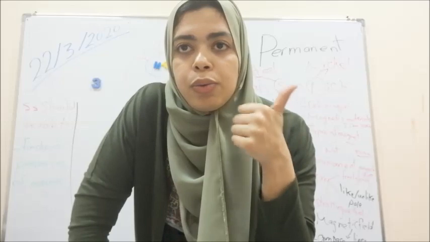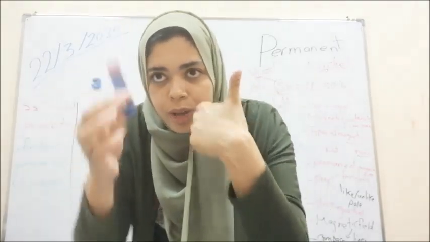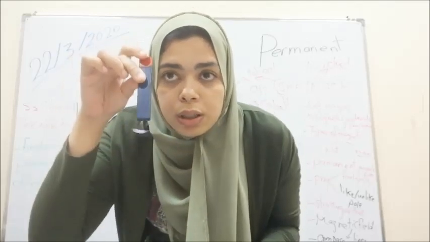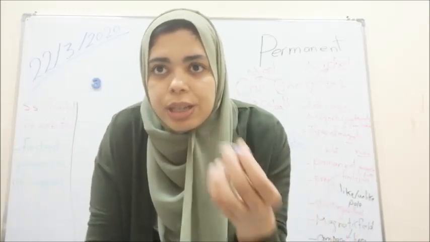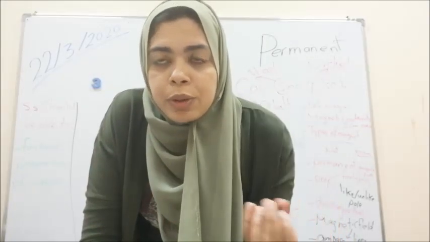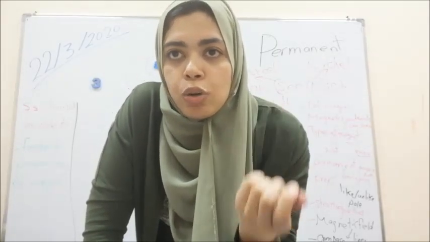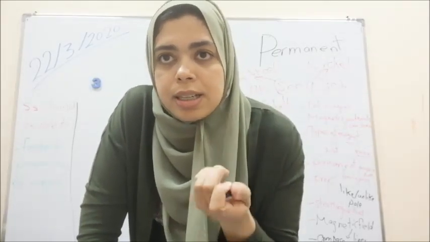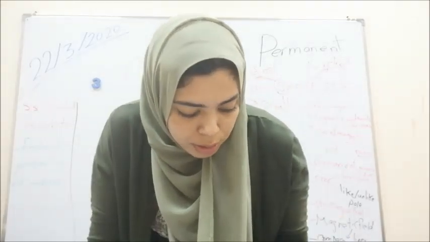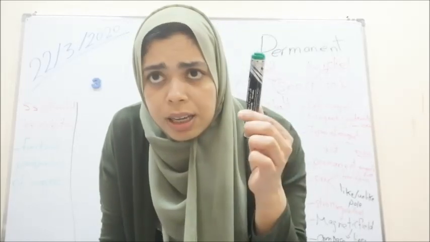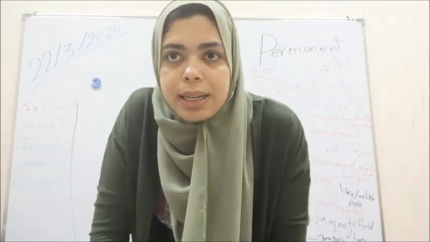So until now, number one, we defined a magnet: a hard object that attracts or pulls magnetic material. What are the types of materials? Magnetic materials and non-magnetic materials. Magnetic materials are steel, cobalt, nickel, metals attracted by the magnet, while non-magnetic materials like plastic and wood are not attracted by the magnet.